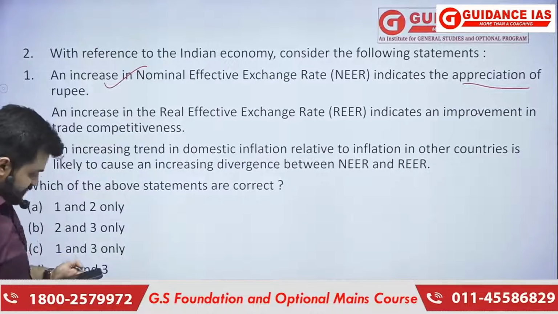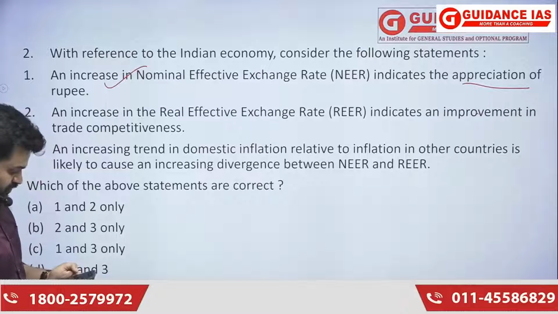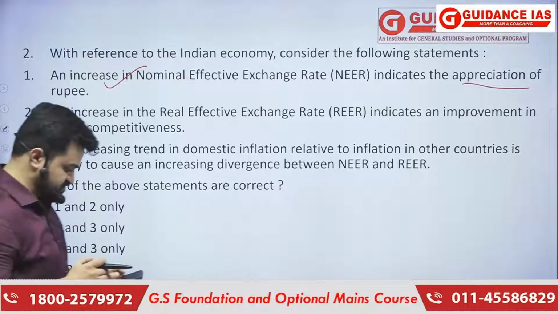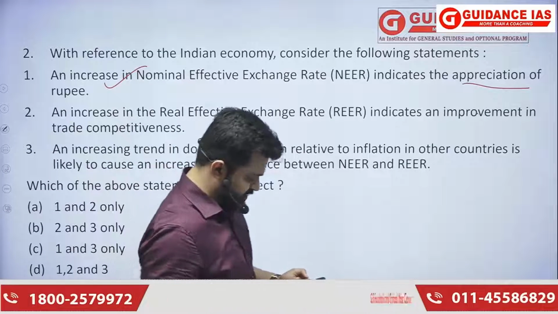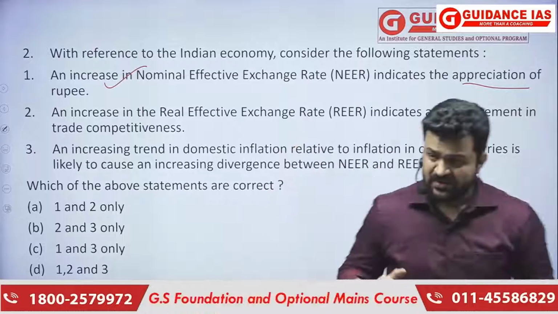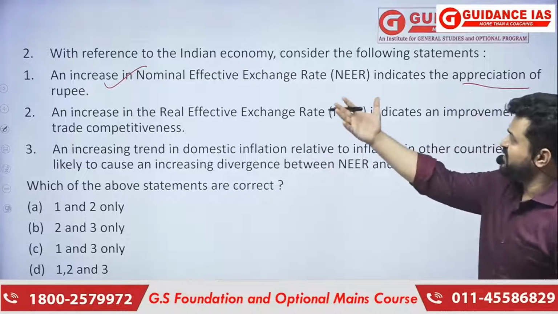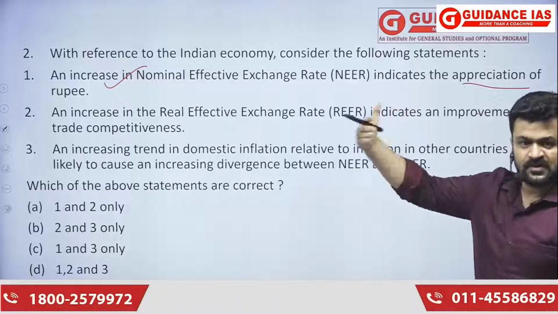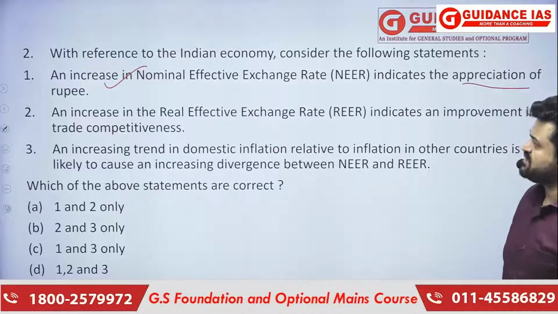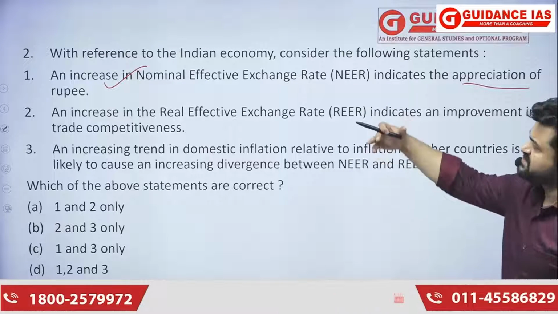The second statement is that an increase in REER, that is real effective exchange rate, indicates an improvement in trade competitiveness. So what is REER? NEER is the weighted geometric mean of the domestic currency vis-a-vis the currencies of major trading partners. How is REER different from NEER?